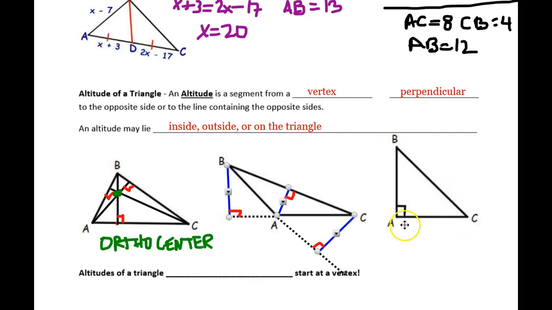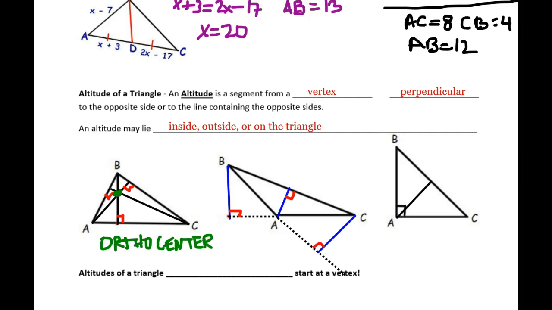Now this one, my orthocenter is on the triangle. This is a right triangle, so this is one of my altitudes. That counts as one of your altitudes. And then, well, in this case, it counts as two of my altitudes, because BC is perpendicular to AC, and CA is perpendicular to BA. So I really only have to draw in one more.